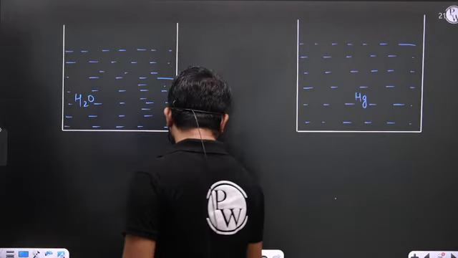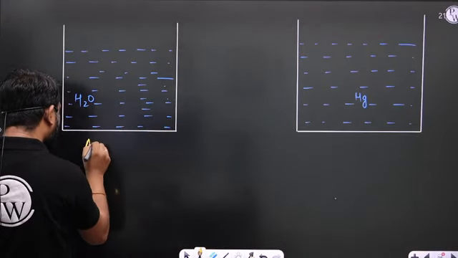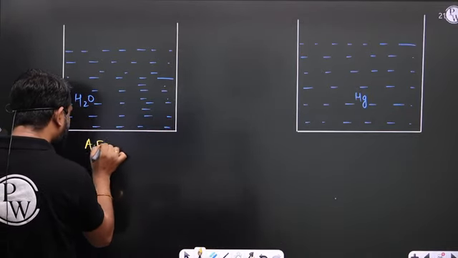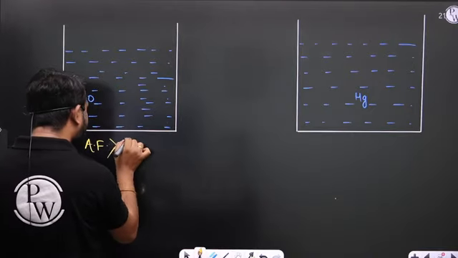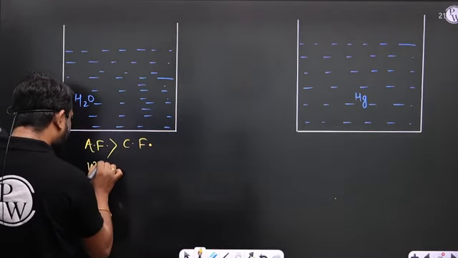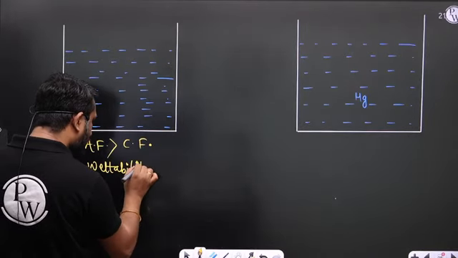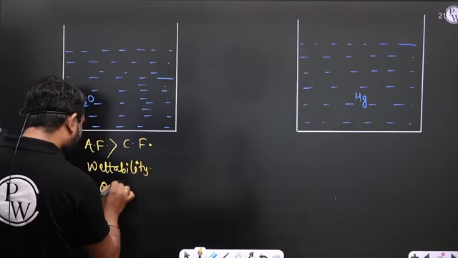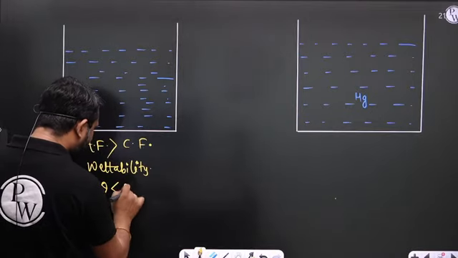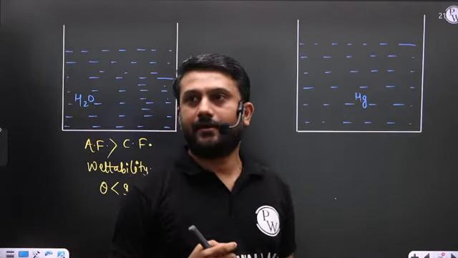This is the water. So we know that in case of water, the adhesive force is greater than the cohesive force. Water has the wettability property, and the contact angle is less than 90 degrees.